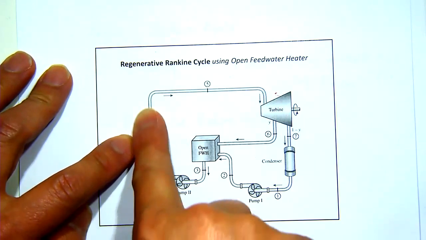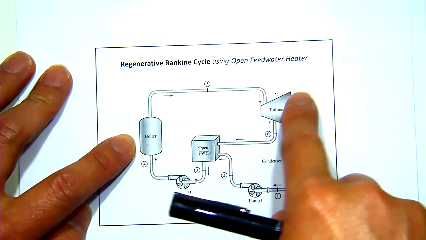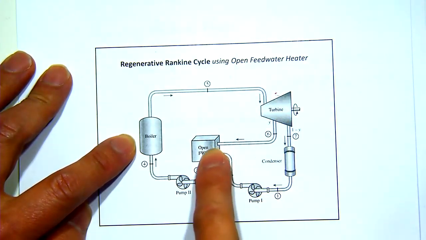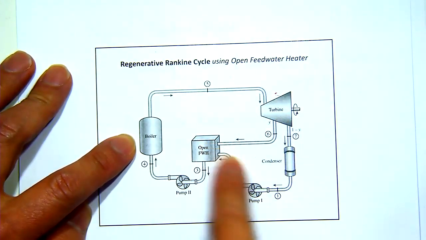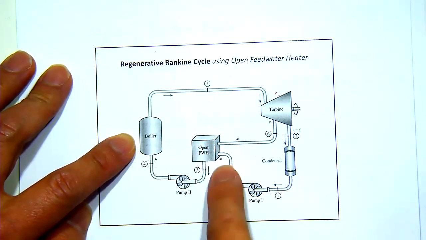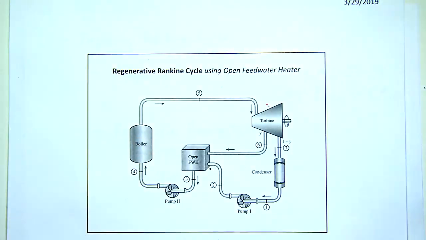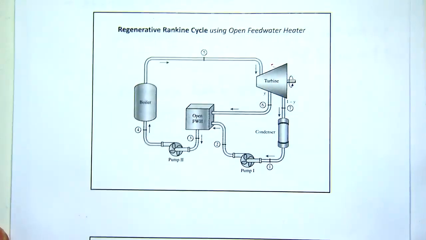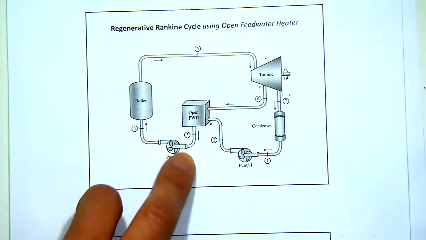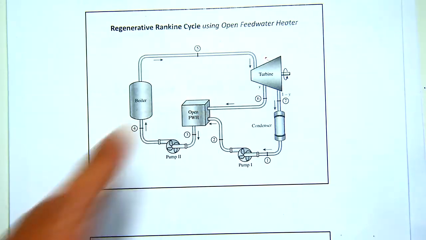The boiler pressure is equal to the inlet pressure of the steam of the turbine, right? So you reduce some pressure, and then you pump a little bit to an intermediate pressure, then mix them. Then after the heat exchange, you have another pump to go into the boiler.